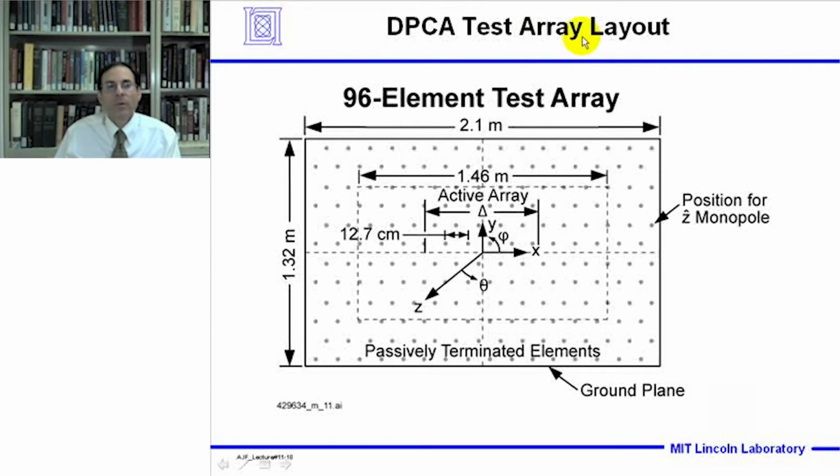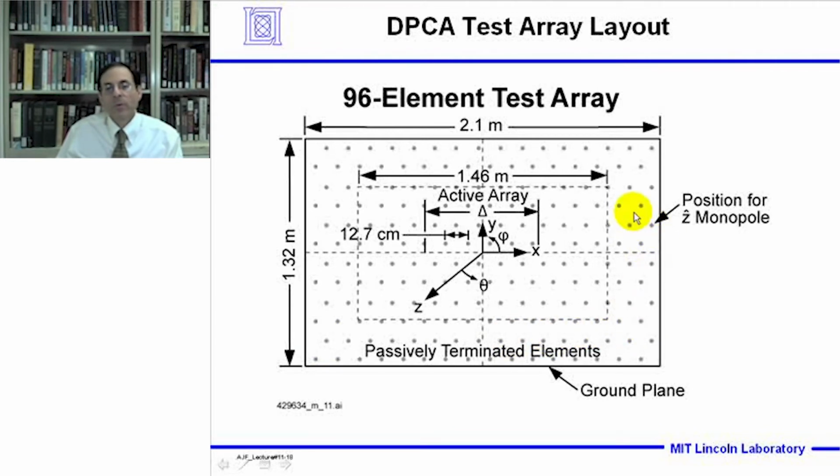Here's the DPCA test array layout. And so this was a 96 element test array with a 1.46 meter active portion. And the array contained TR modules with two phase centers to move the phase centers apart. The array contained passively terminated elements surrounding the 96 element active portion of the array.